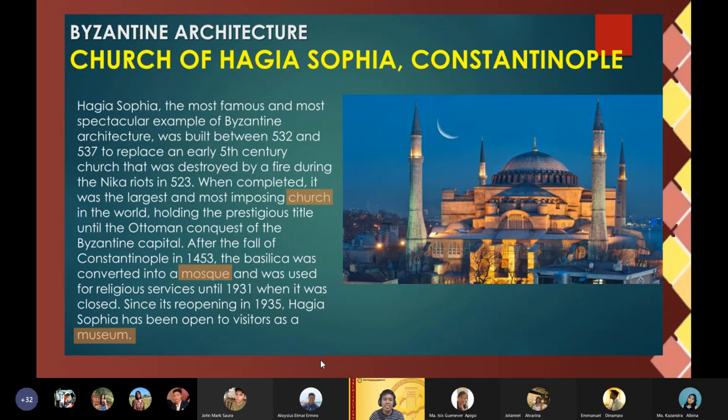So mao na mindset ni Justinian. So here, if you noticed, when completed, it was the largest and most imposing church in the world. It took a lot of years nga usap pa ni siya na ang iyang record na absent. So if you compare to the highest during that time is actually the pyramids.